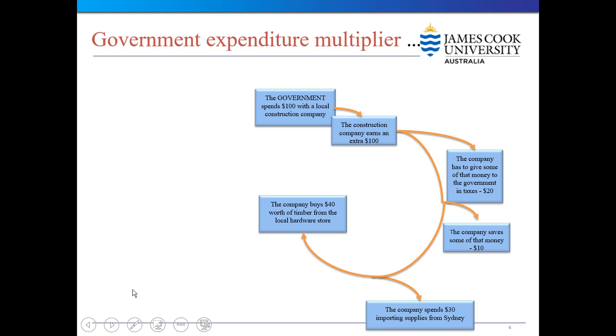Then the company buys $40 worth of timber from local hardware stores. So local hardware stores earn an extra $40. So at this point, the aggregate demand in the local economy increased by $140.